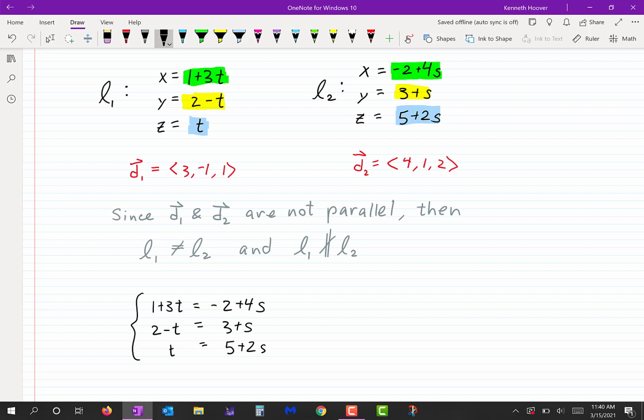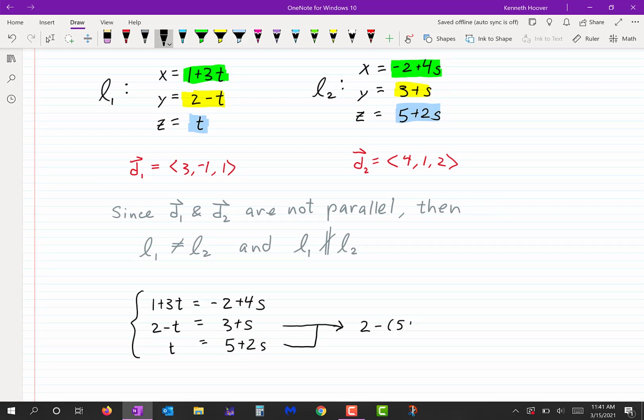You know how to do that. Let's take the third equation and plug the expression for t into the second equation. So we would get 2 minus 5 plus 2s would have to equal 3 plus s.